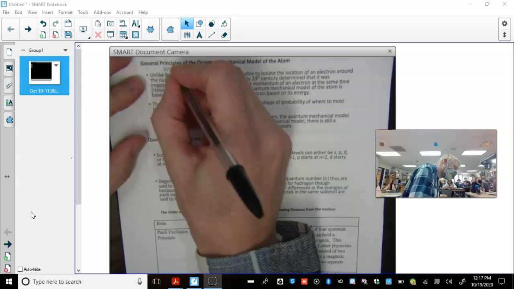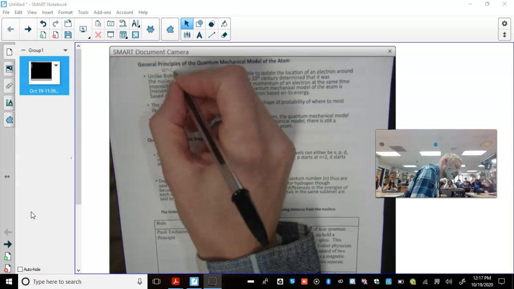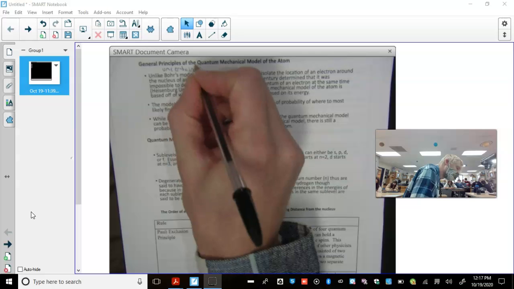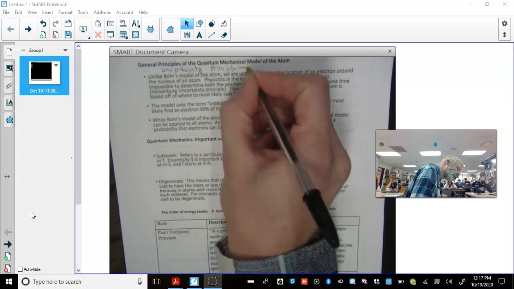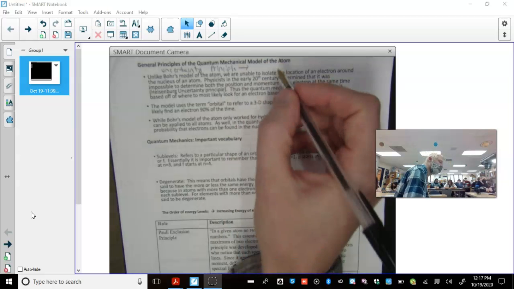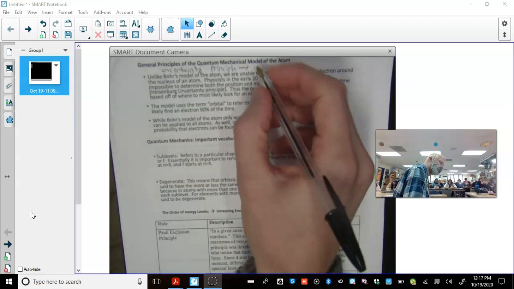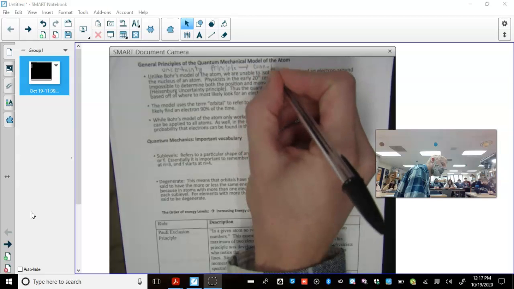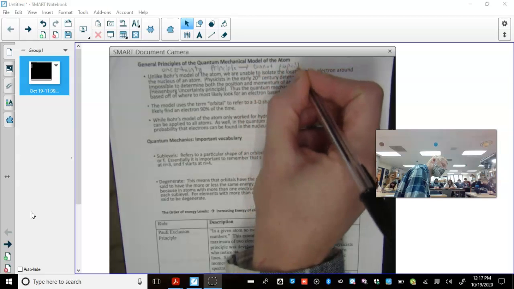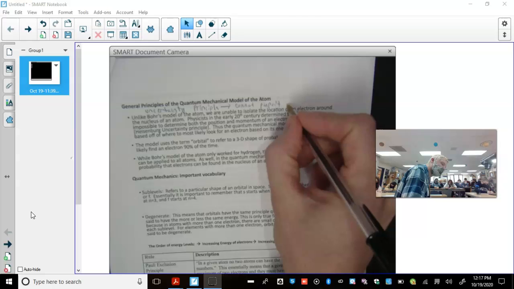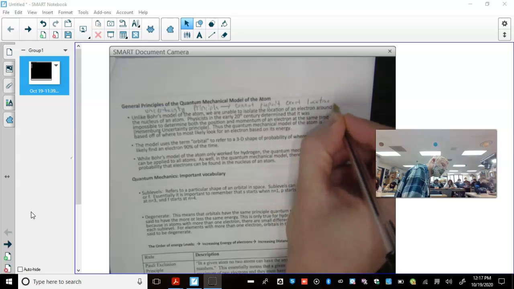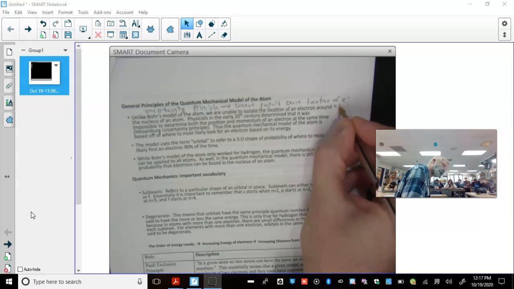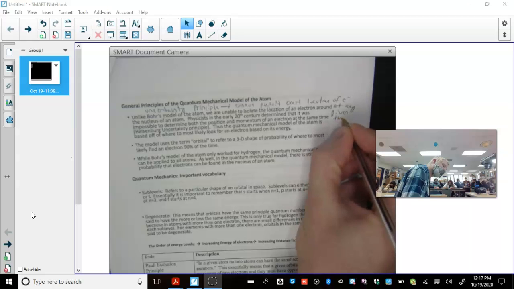The Heisenberg uncertainty principle: cannot pinpoint exact location of electron at any given time.